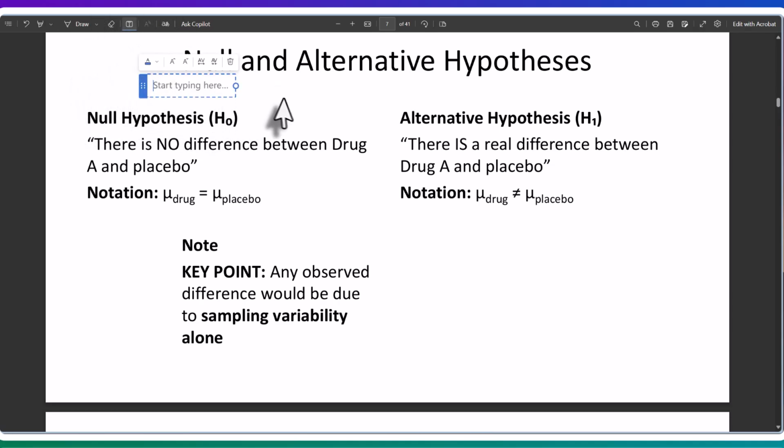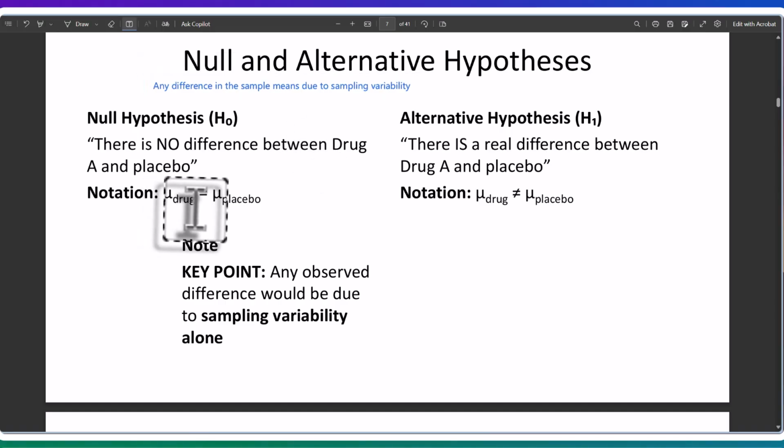So the null hypothesis is that any differences in the sample means, so the means between those taking the drug and those in placebo, are simply the result of sampling variability, but in the population, they are exactly equal.